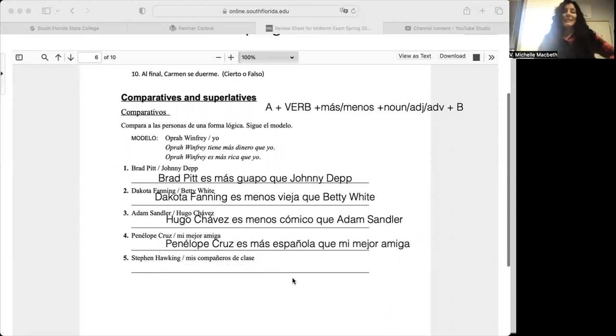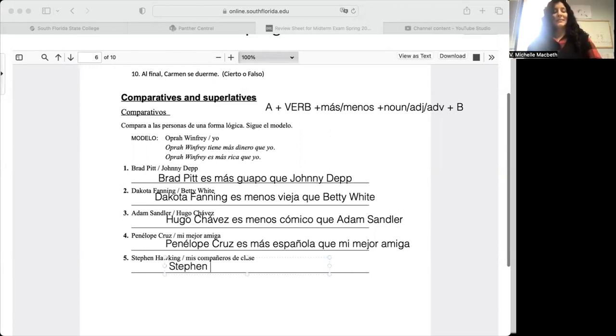Okay. So Stephen Hawking, no, mis compañeros de clase. Stephen Hawking is a really well-known academic, so I'm going to say maybe he's more academic, or maybe he's more scientific. Let's do that.